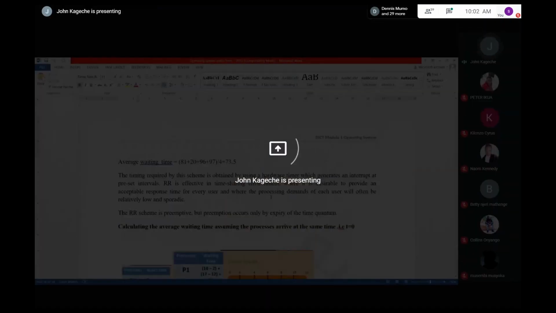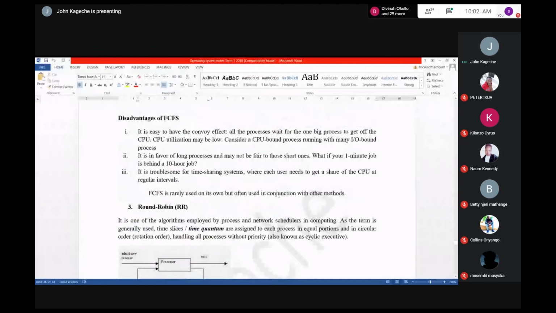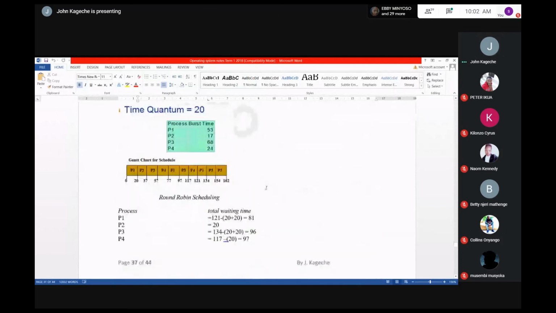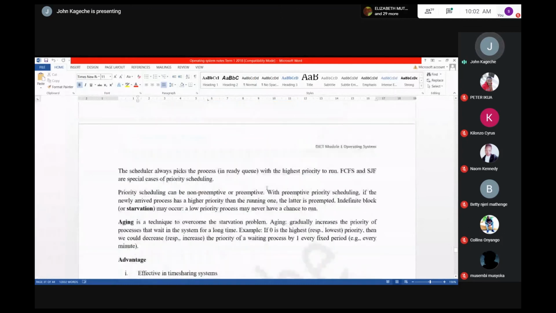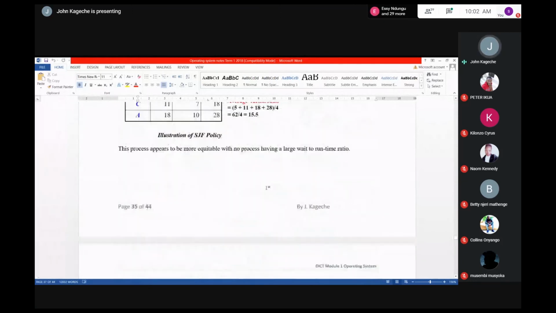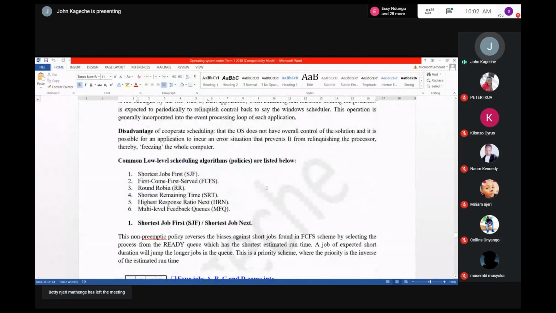Okay. Now, when you look at our first term notes, where we were handling these, I think sometimes we handled this. When you're doing what you call low-level scheduling algorithms, we were talking about shortest job first, first come first served, or first in first out, FIFO, round robin, shortest remaining time, highest response ratio, and multi-level queue with feedback.